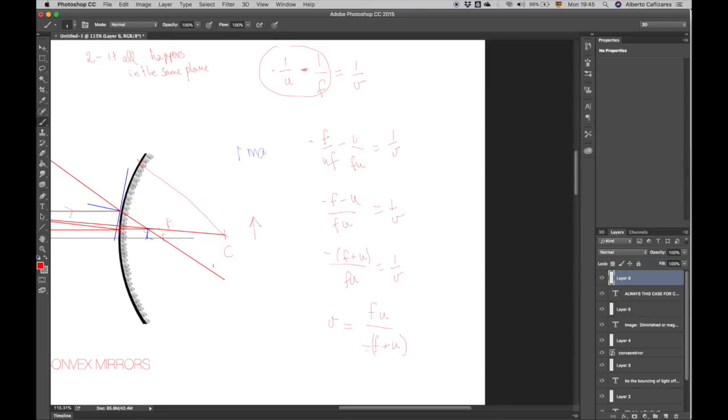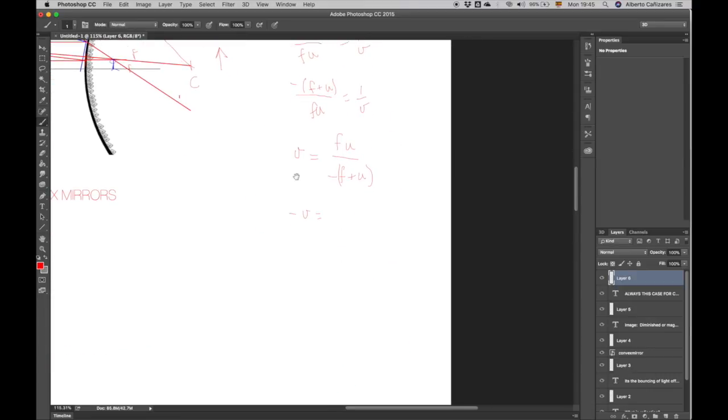And this minus can go to the left, so you'll see that your V will always be negative for a convex mirror. So you'll have FU divided by F plus U.